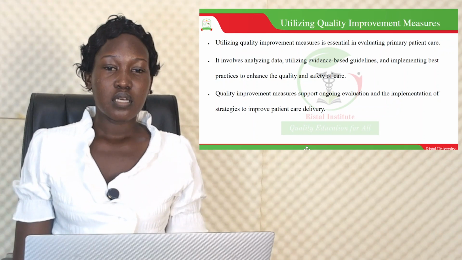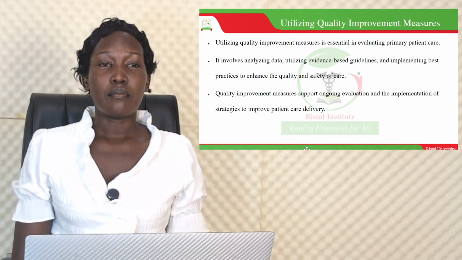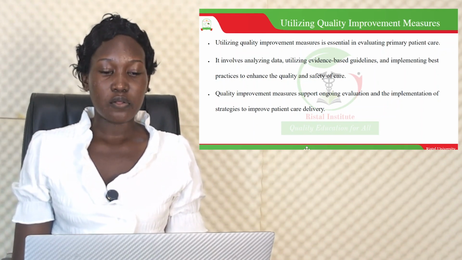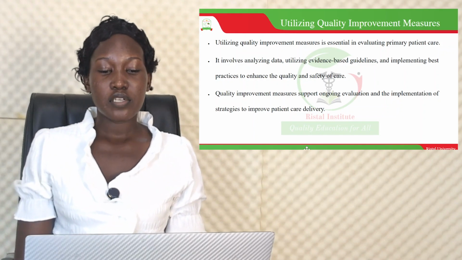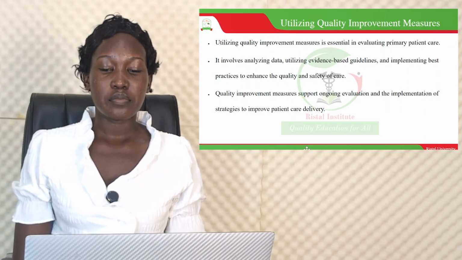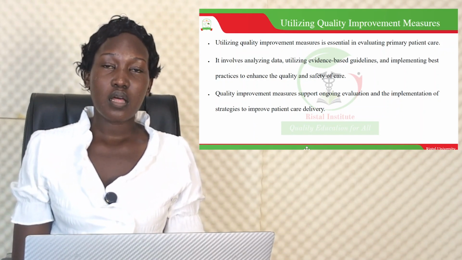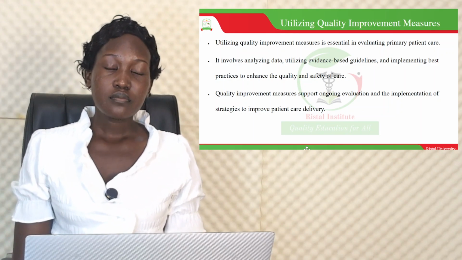Was it really a quality and a safe one? We look at the safety and the quality because it impacts much on the patient's health. So quality improvement measures support ongoing evaluation and implementation of strategies to improve patient care delivery.